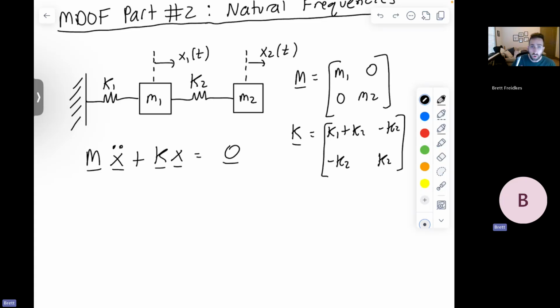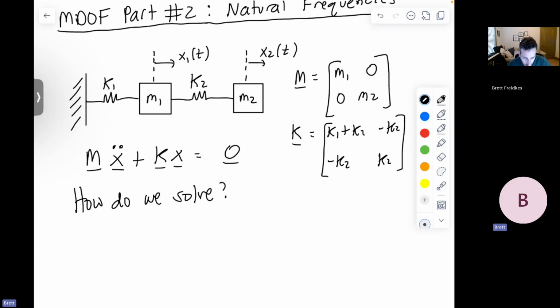And what we did in the previous video is we found what this giant M matrix and this giant K matrix are, in order to store those two differential equations simultaneously inside of the matrix. The next question is, how do we solve that matrix equation?